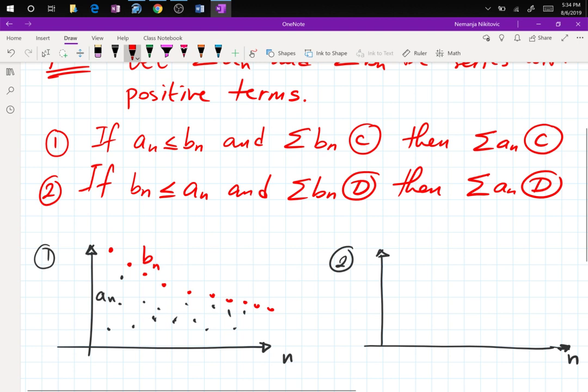So that's one situation. The other situation is for divergence. Now you're looking for some series that is smaller. So your bn now is less than an, and it pushes an into divergence.